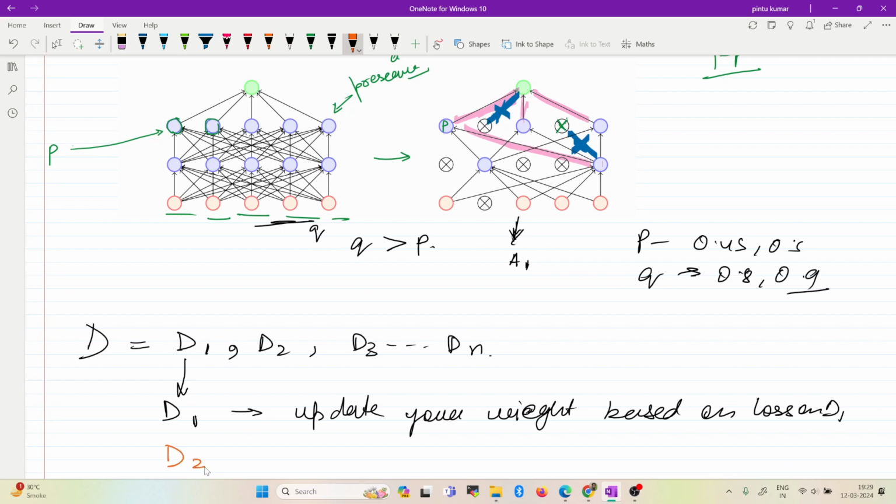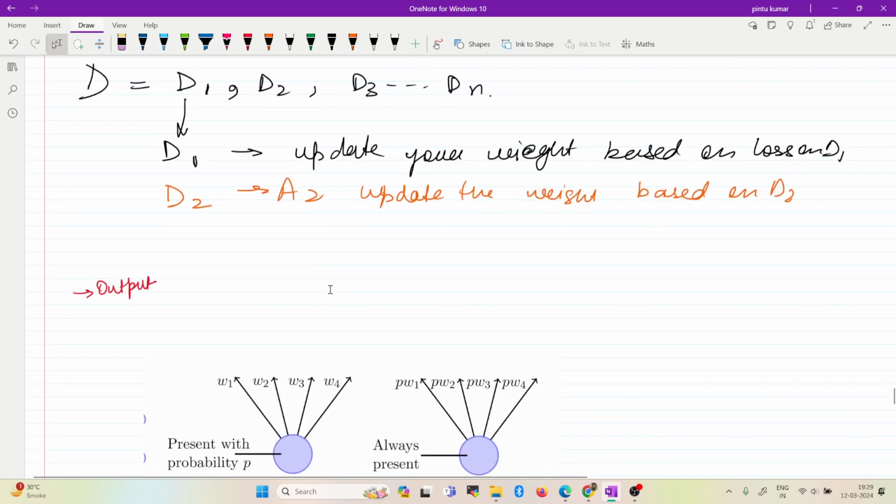Now again for D2, you will generate another architecture A2, and then you will update the weights based on D2, and so on. You can continue your learning. This method is known as the dropout method.